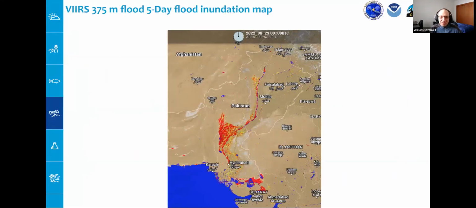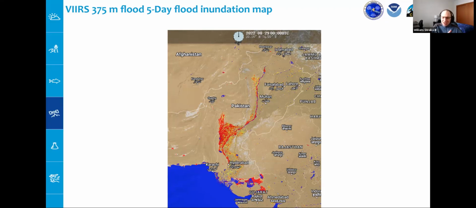So this is an example of the 5-day flood inundation map. What's done here is we take all of the data from a given day from our low Earth orbiting satellites, with the optical sensor on there. We create a cloud-free daily composite to get a maximum flood extent over a region over the current day.